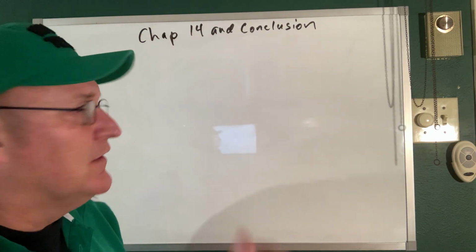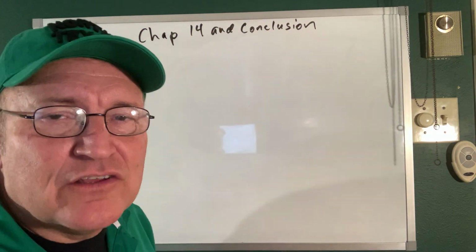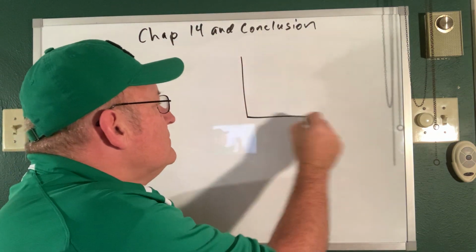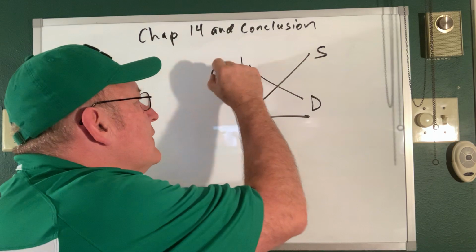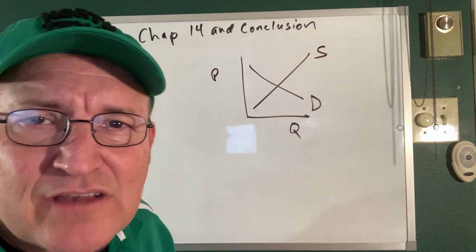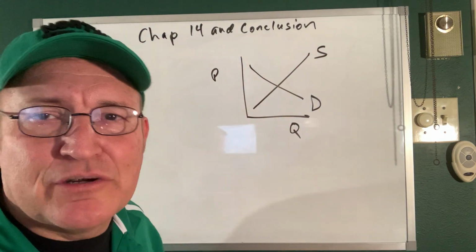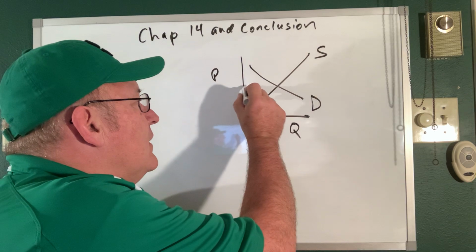Before I get into that, let's just quickly talk about the labor market. The labor market looks like any other market, right? If you want stocks, where do you go? You go to the stock market. You want groceries, where do you go? You go to the grocery market. You want labor, where do you go? To the labor market.